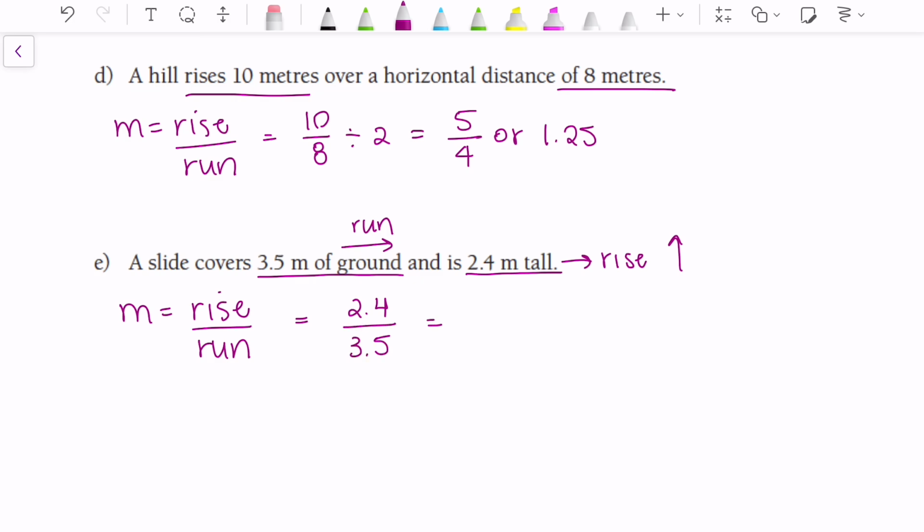Okay, you can do two things. You can divide this in your calculator, or you can multiply by 10 to get 24 over 35. These do not have any common factors, so we're going to write that as 24 over 35, or 0.69.